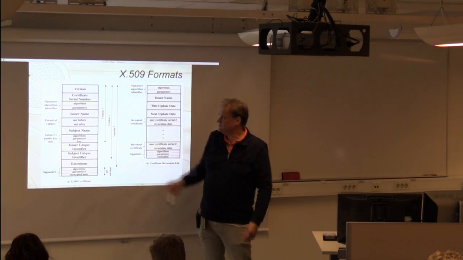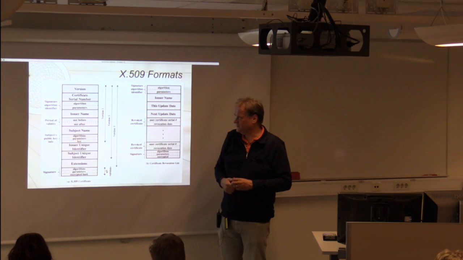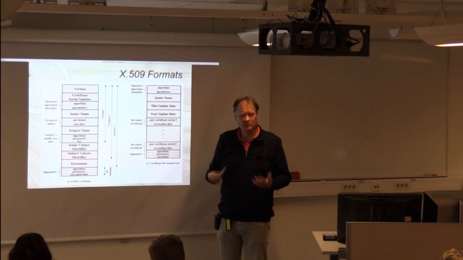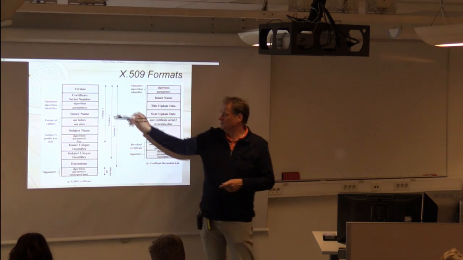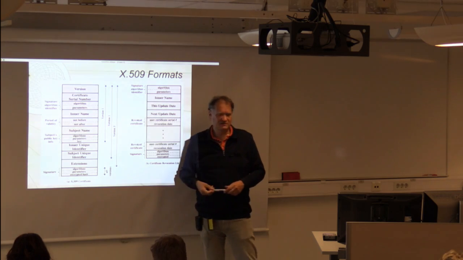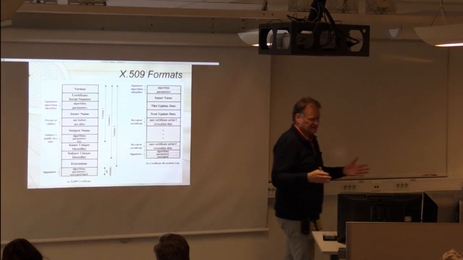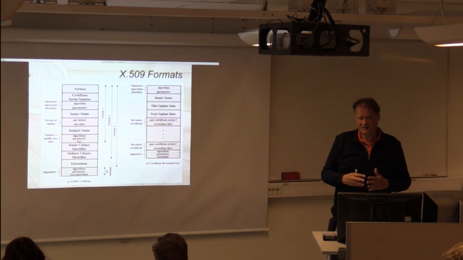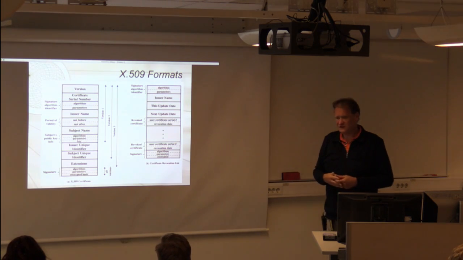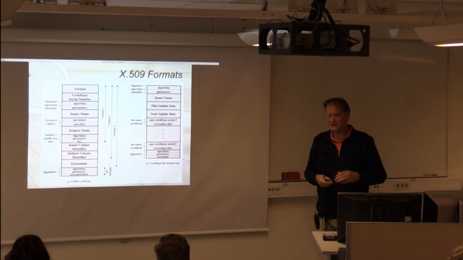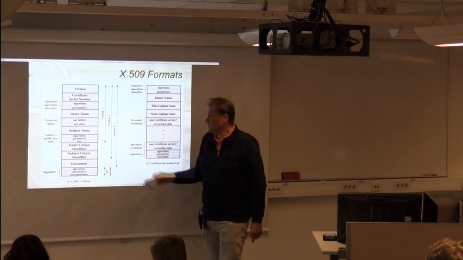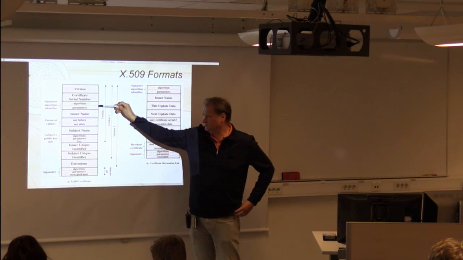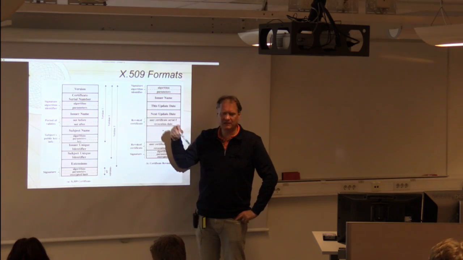Then we have signature algorithm identifiers, which contain information about what type of public key encryption algorithm is used here, what algorithm it is, and what parameters. The parameters could be, for instance, key length, or an initialization vector, or whatever parameters are needed for that algorithm. That is for the signature, and the signature is done by the CA.